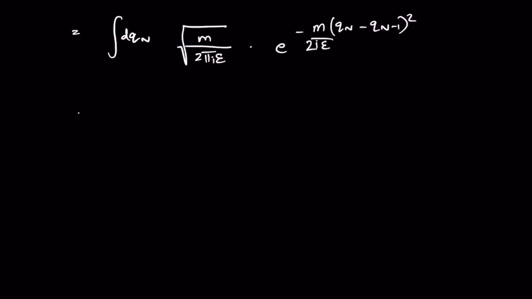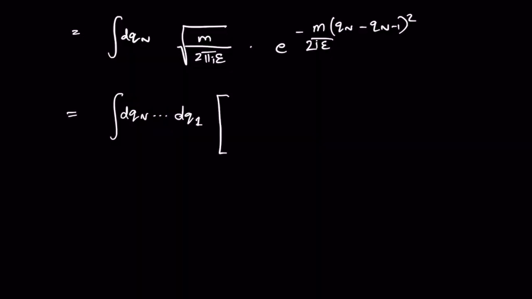So now we have a general result for the integral. So we can write this back and say dq_n times square root of m. So we're plugging it back into the product. So we'll say dq_n multiplied all the way to dq_1.